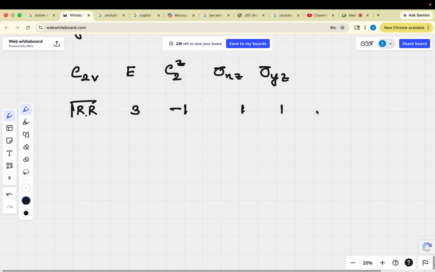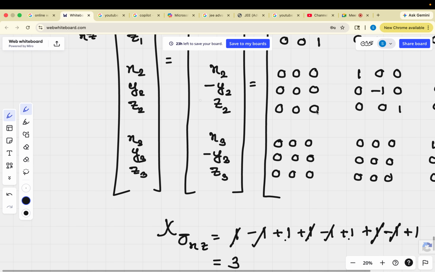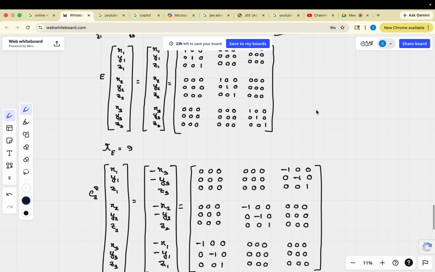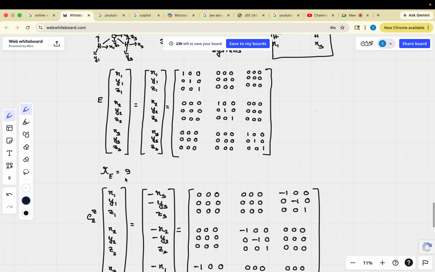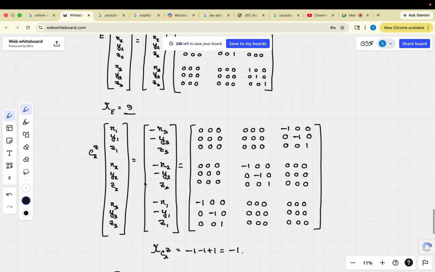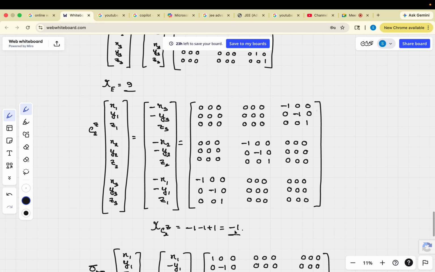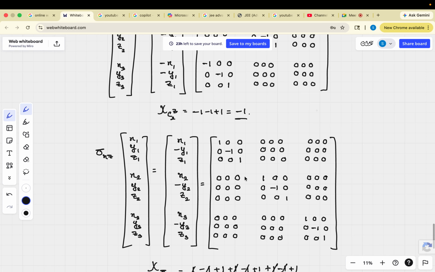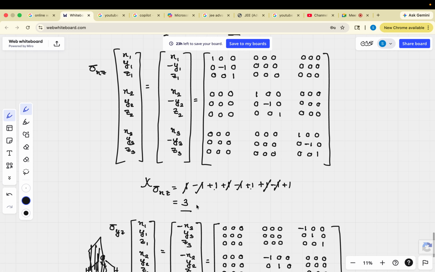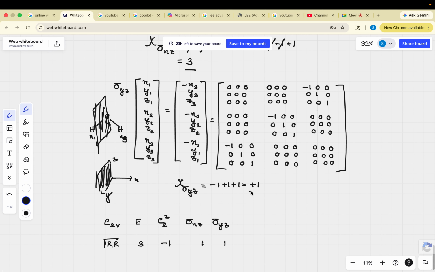This is for 1D system. But suppose you have 3n coordinate system, that time you can see what values you are getting. For 3n coordinate system, E value you are getting 9, C2Z value minus 1, sigma xz value 3, and sigma yz value 1.